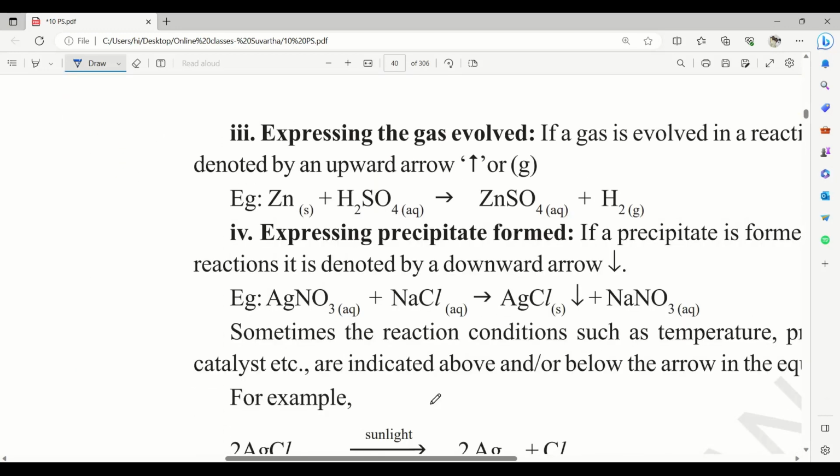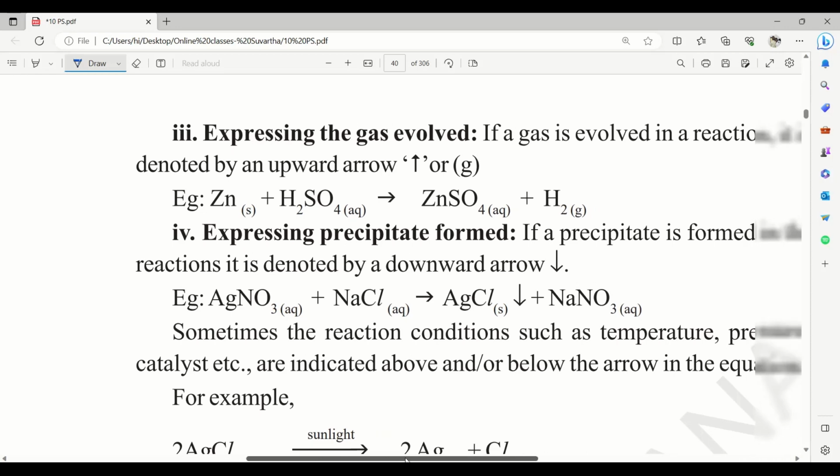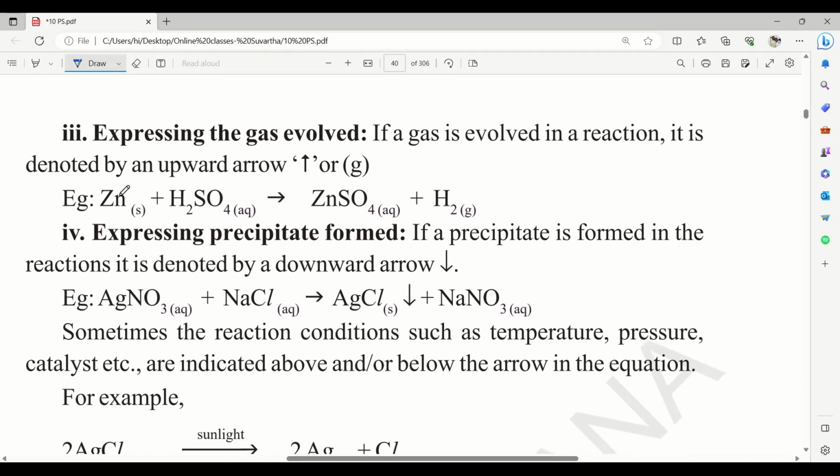The third point is that it tells that a particular gas is evolved. For example, zinc is reacting with sulfuric acid. Zinc here is in solid state and sulfuric acid is aqueous. That means it's a diluted one. We made it with distilled water, right? And it is giving zinc sulfate plus hydrogen gas.